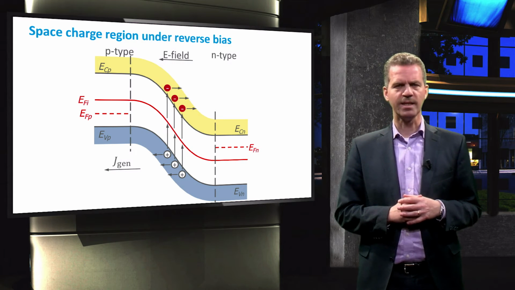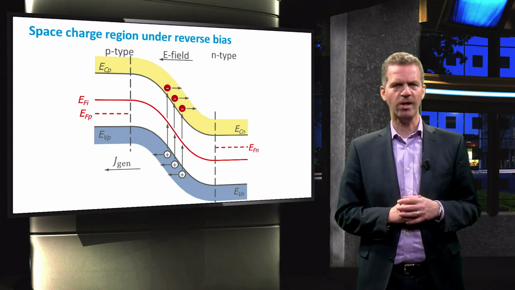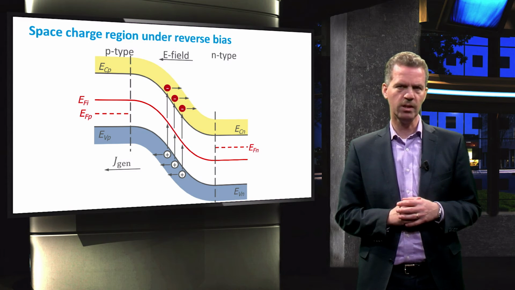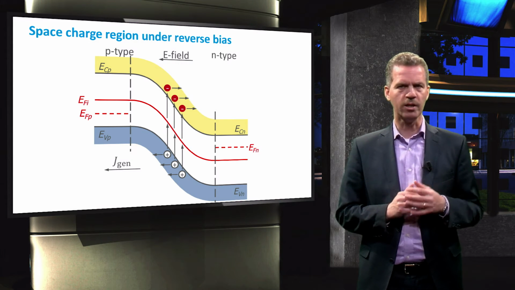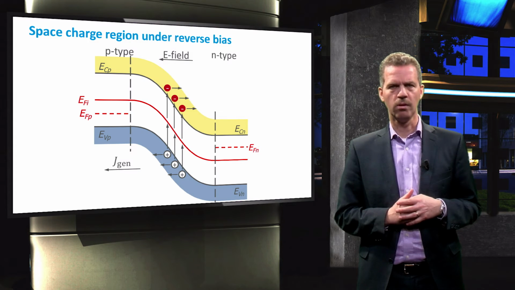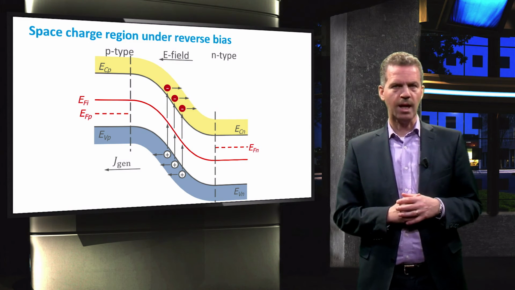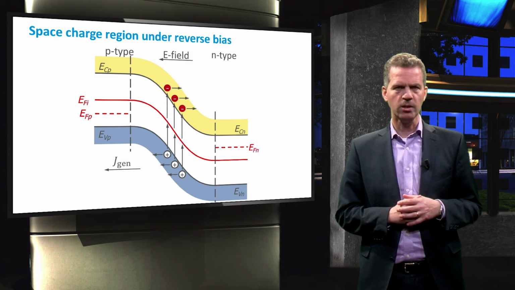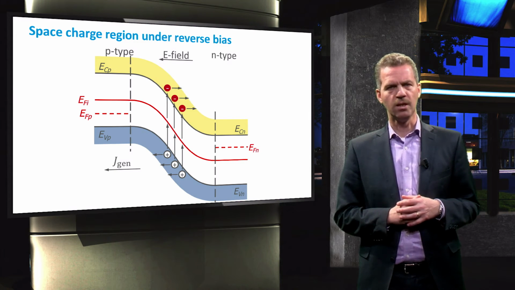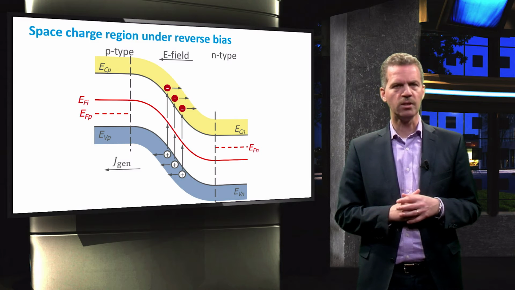However, since there are essentially no free charge carriers present in the reverse bias space charge region, electrons and holes are generated by trap states to re-establish the thermal equilibrium. Because the generated carriers are then removed from the space charge region by the electric field, the generation continues.